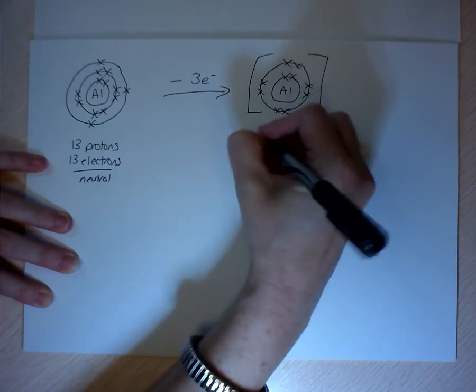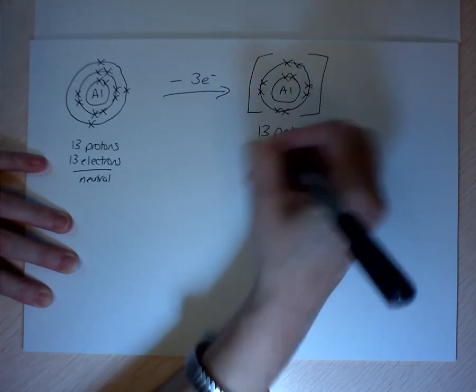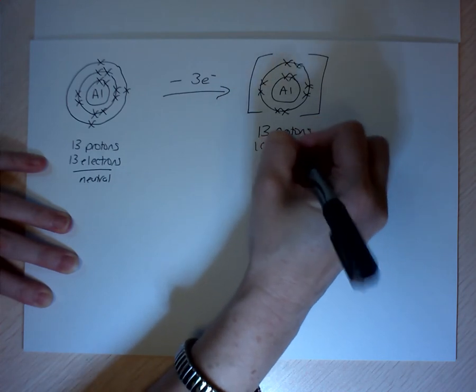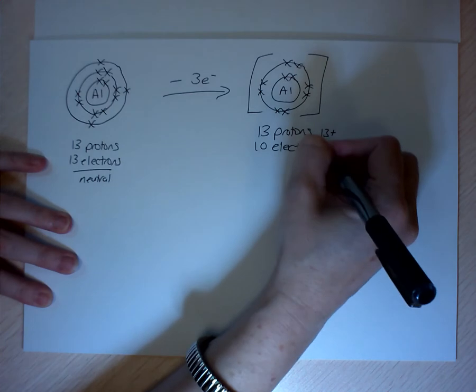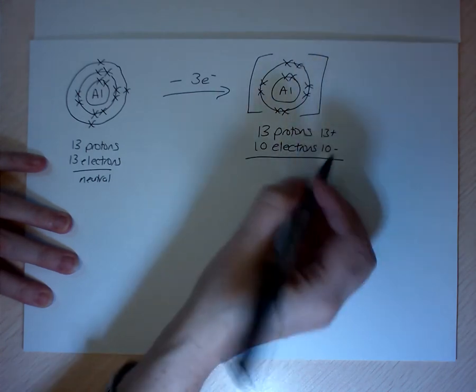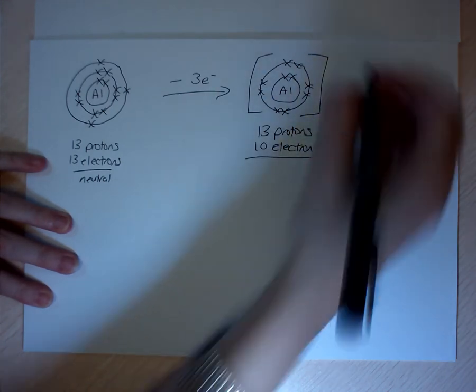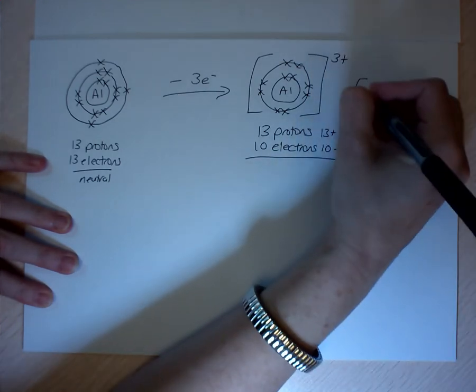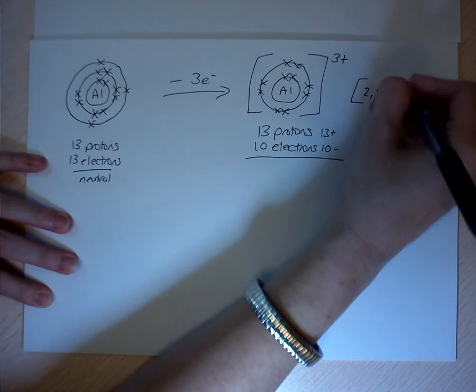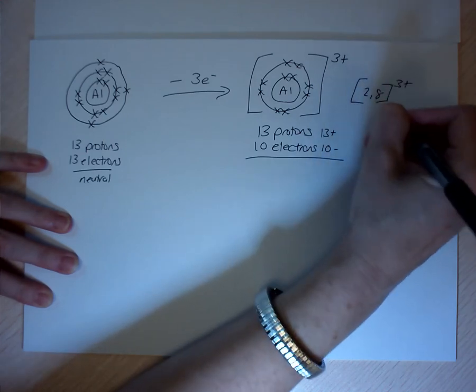It still has 13 protons, but now it only has 10 electrons. So 13 positives, 10 negatives. That means that overall I have a charge of 3 plus. 2, 8, 3+, or Al3+.